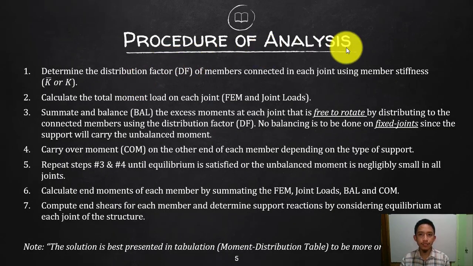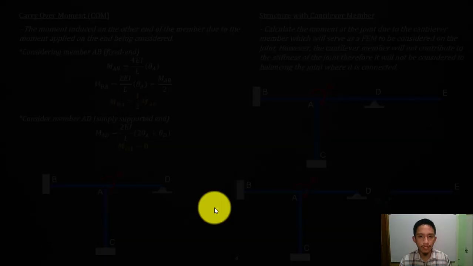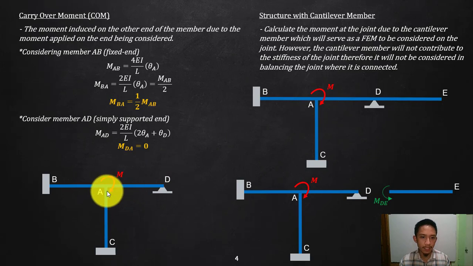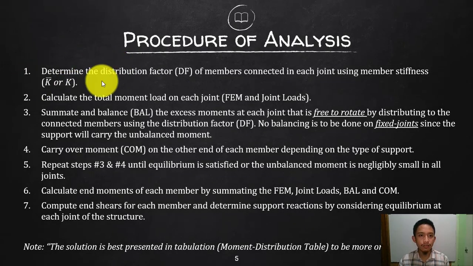So these are now the procedure of your analysis. All you need to do is follow this. First, determine the distribution factor. Why? Because we need to know how much of the excess moment on the joint will be received by each of the connected members.